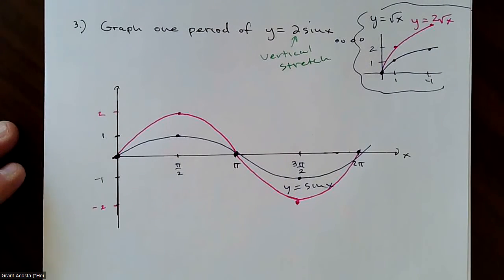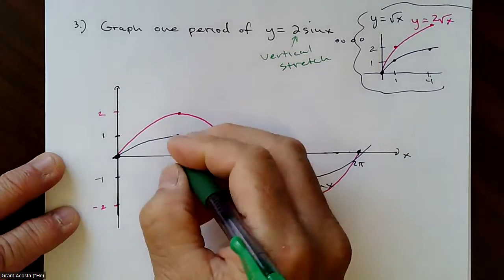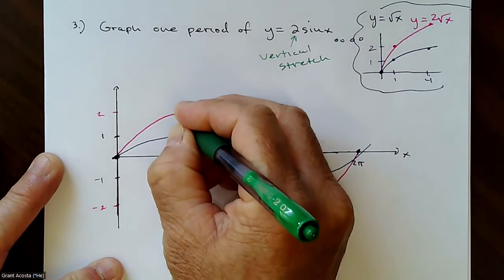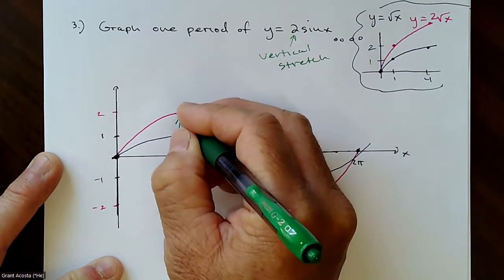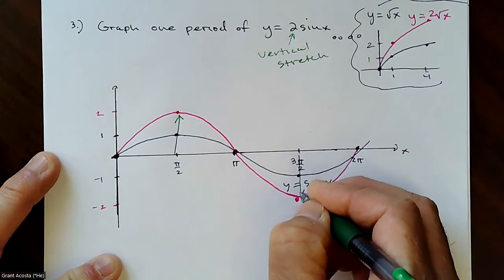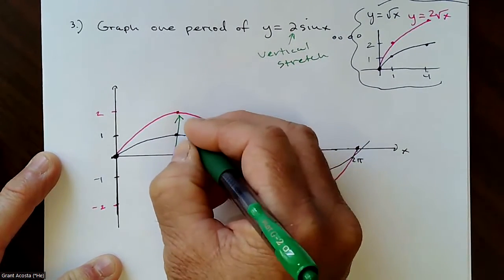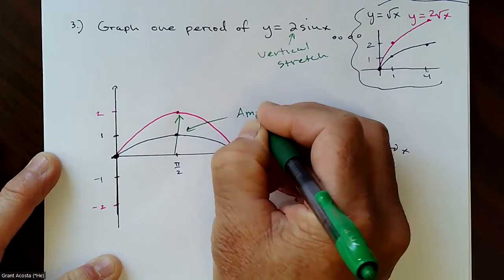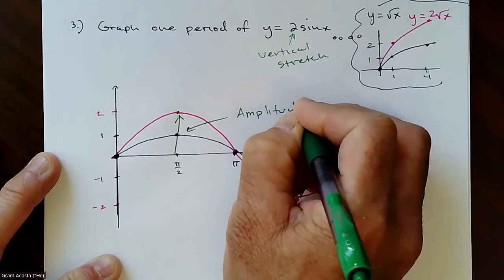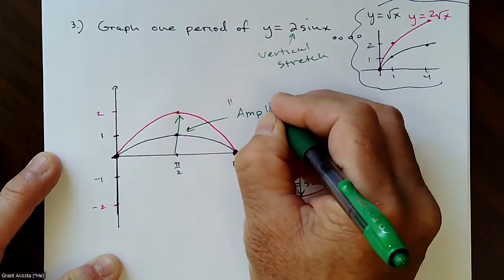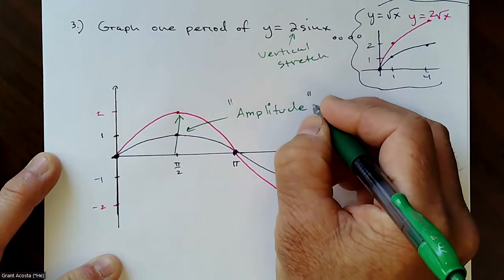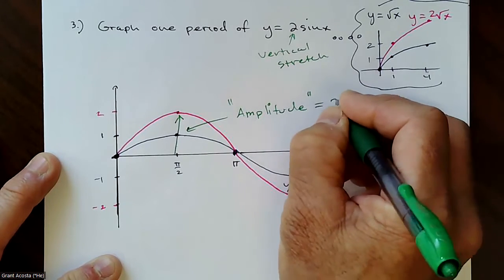And one way to describe it, really we only use this terminology for sine and cosine graphs. This amount that it stretches a regular sine graph up and down, in this instance right here, we refer to that as the amplitude. And so we would say the amplitude of this graph is now 2.